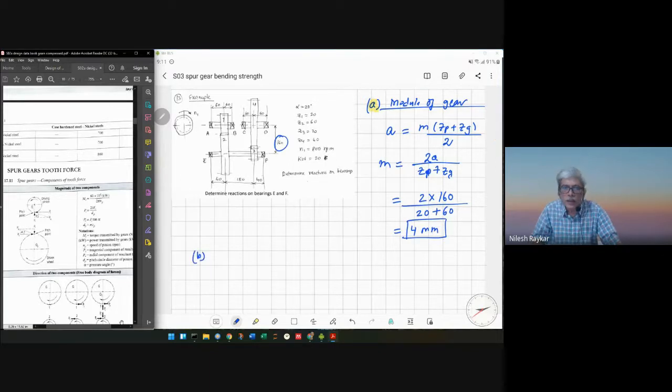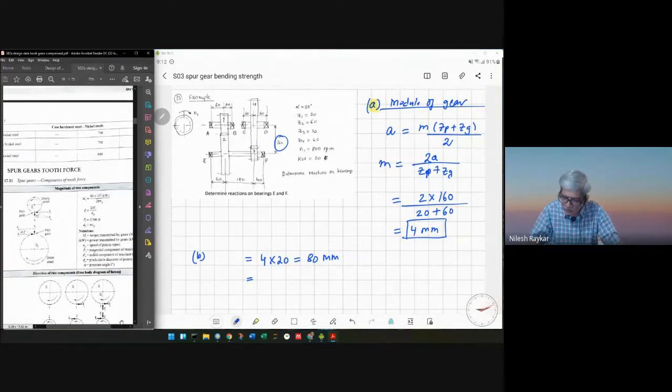So now we can calculate the diameters. DP1, that is the pitch circle diameter of first gear, will be module into number of teeth, which will be equal to 80 millimeters, and the diameter of gear 2. So let me not add P and G because here the gears are having the numbers.